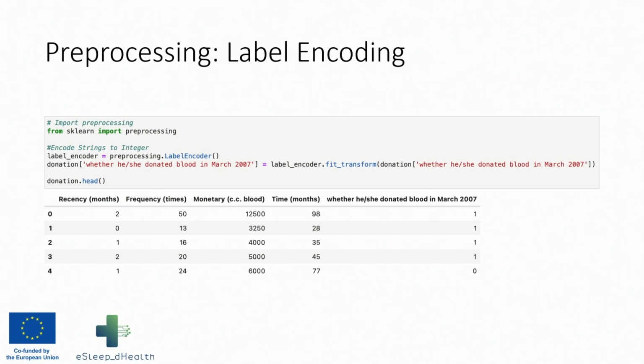Then you call the preprocessing package dot the function you need, the LabelEncoder, and then you apply this function. Again, it varies a bit from function to function exactly what parameters you need and how you apply it. Please check the scikit-learn website for every function that you want to use if you're not sure how to use it.